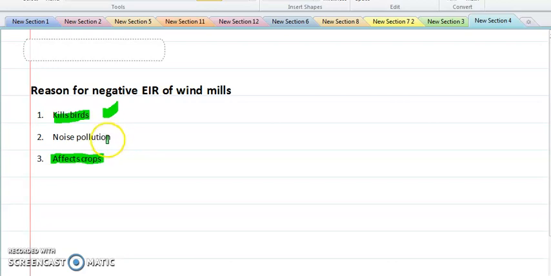And another reason: when the blades of the windmills move, the fans of the windmills move, they make a lot of pollution. Also, a lot of machinery is used in that area, so noise pollution is created. Noise also affects the environment and the living things in the surroundings. Many living things move away from that habitat. So we can say the EIR of the windmill is negative.